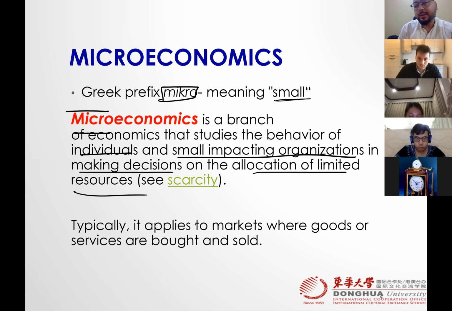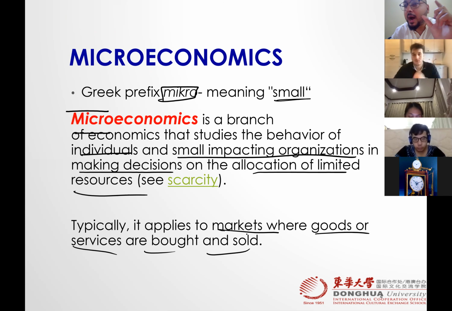It typically applies to a market where goods and services are bought and sold, in which we talk about some small stuff. For example, if China is big, Shanghai is small. So China is macro and Shanghai is micro.